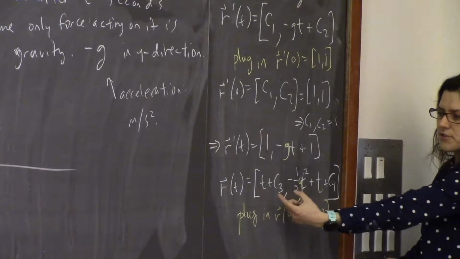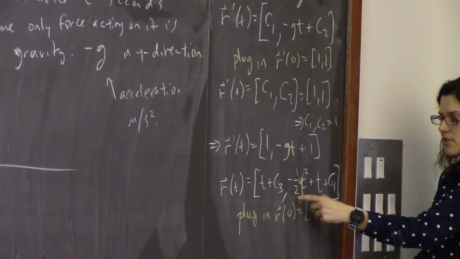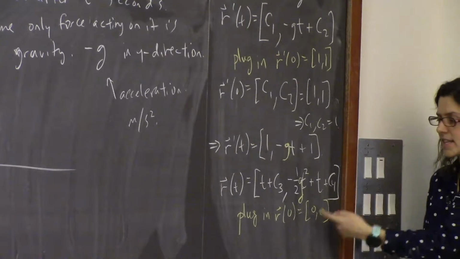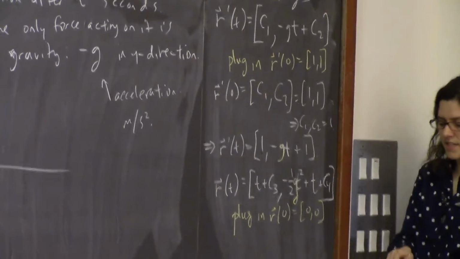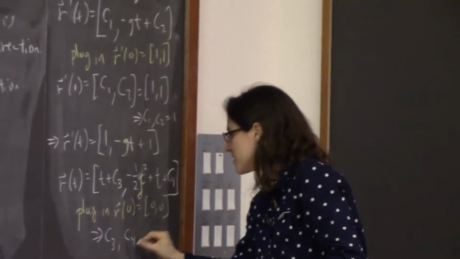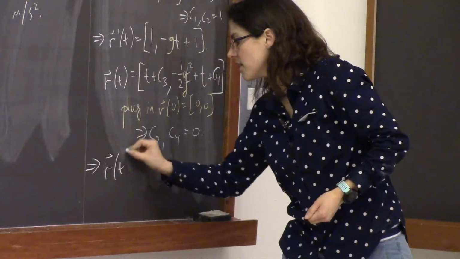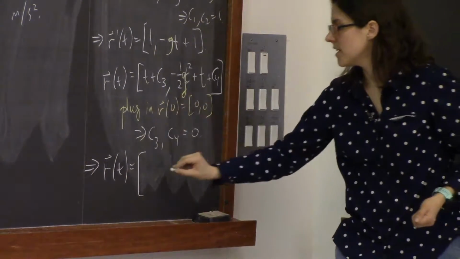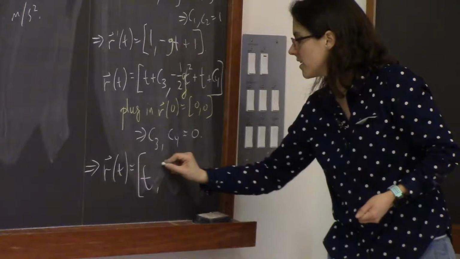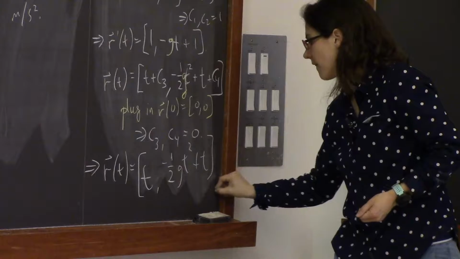If you plug in 0 for t, you'll get c3 and c4, and set that equal to 0, 0. We get c3 equals 0 and c4 is also 0. So we can triumphantly conclude that r of t is t, comma, negative 1/2 g t squared plus t.